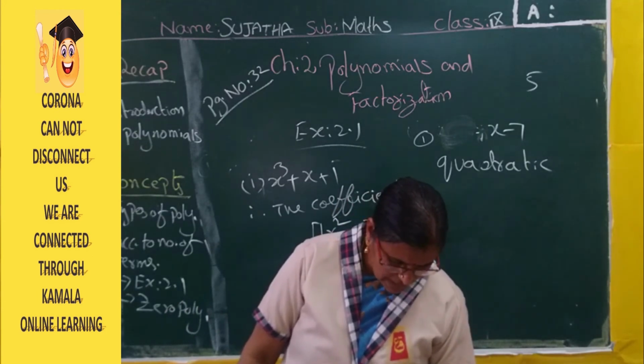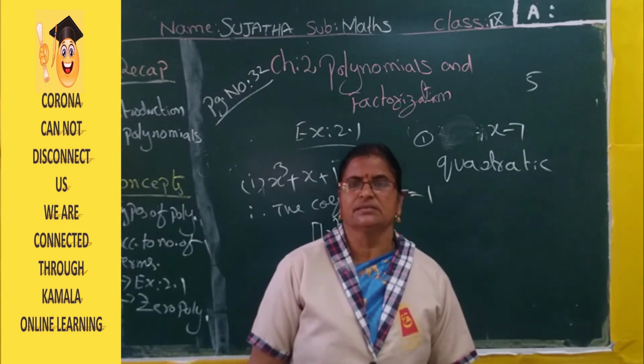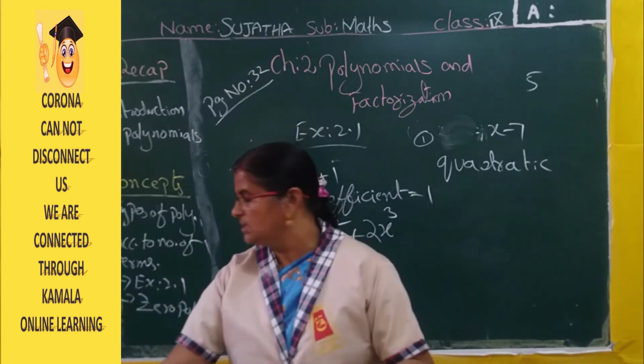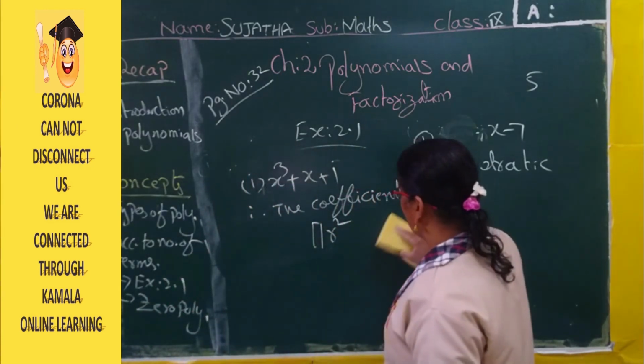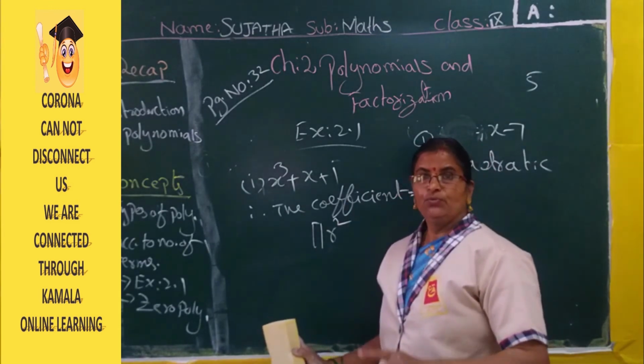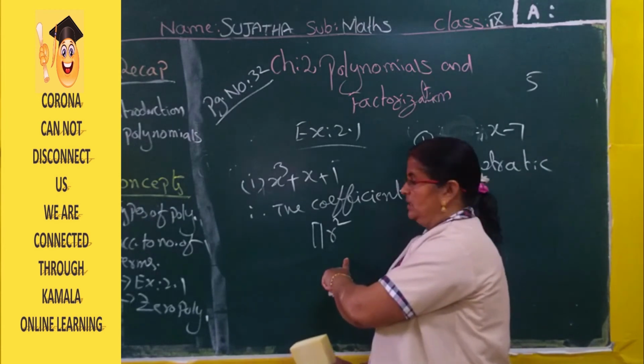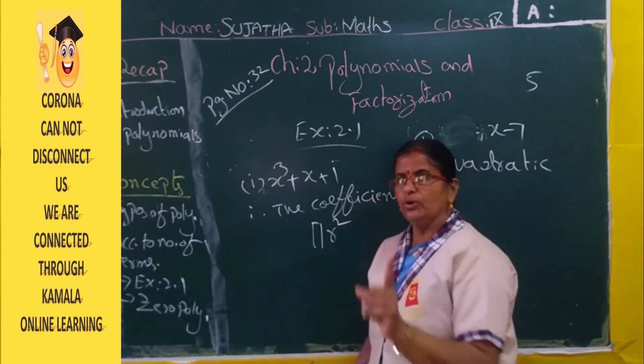Now, pi r square is a monomial. Yes, according to the terms, pi r square is one term. If you see the power, it is a quadratic polynomial. According to the terms, it is a monomial.